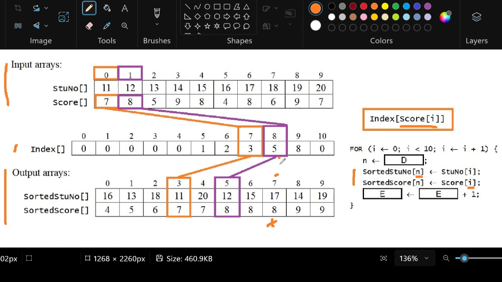Once n is equal to 5, we have the sorted score where the input is 5, and we look at 5 among the output arrays. If the score here is using 1, because we start at 0, then they should be equal in terms of the value for sorted score and student number. If the score is 8, then this should be 8 too, and the student number is 12, so this should be 12 too.